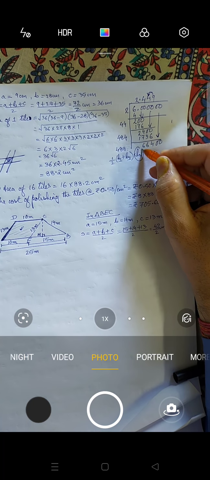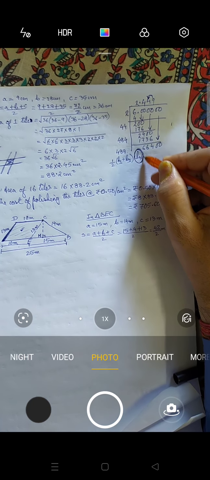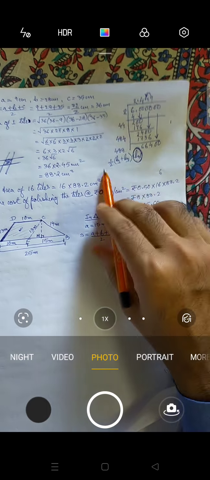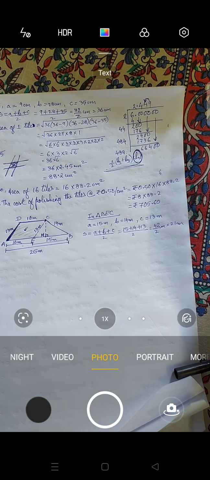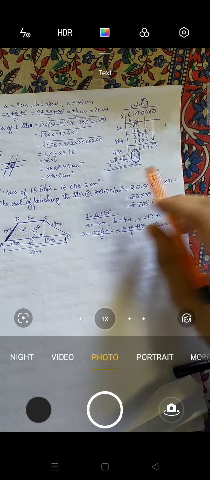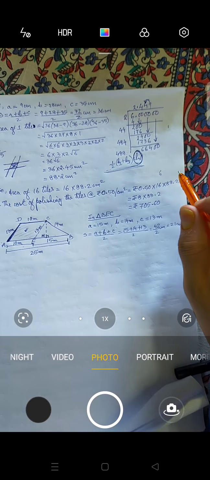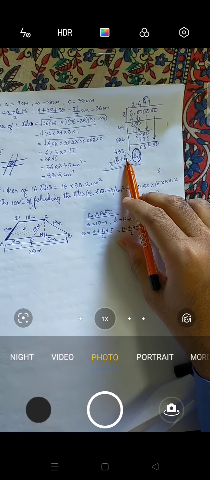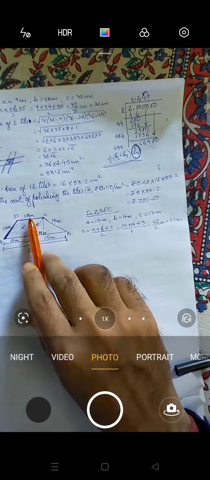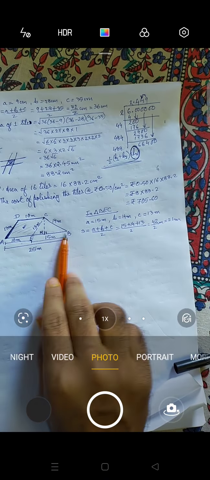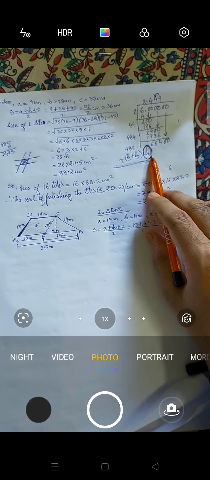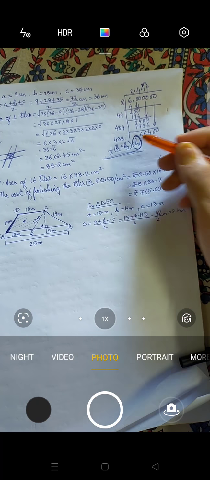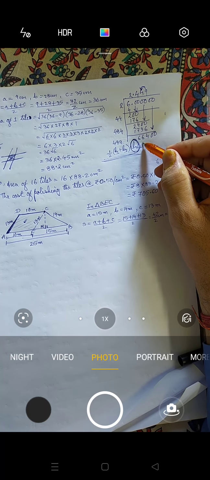Once we know the height of a trapezium, we can easily find its area. Are you getting it or not? B1 is this one, B2 is this one. If we can find H, then we can easily find the area of the trapezium, okay? So first of all, we should find H.